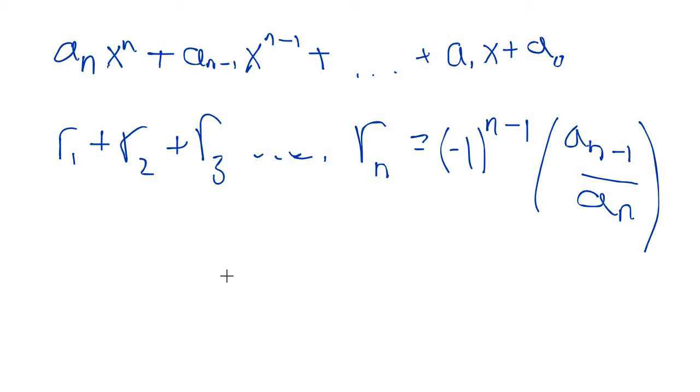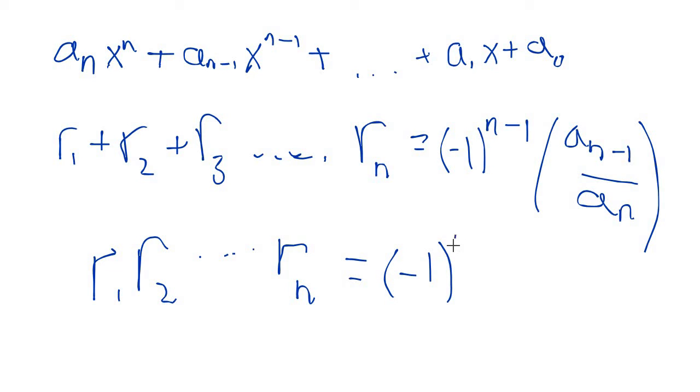And then you also know that the product of the roots, r1 times r2 all the way times rn, is equal to -1 to the nth power times a sub 0 over a sub n.